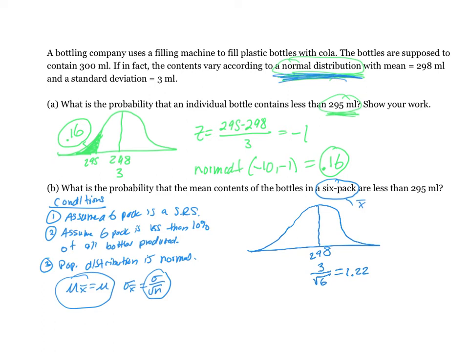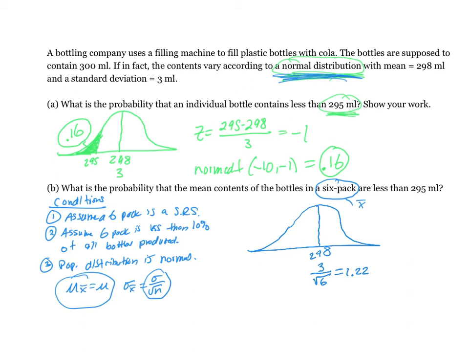Okay, so this blue graph that I have drawn on the bottom represents the meta experiment of drawing infinitely many 6-packs randomly from a population of bottles, and this is what that sampling distribution would look like. So this is a graph of all of the mean amounts of cola in these 6-packs, and think about drawing thousands of samples. The mean of this graph would be 298, and the standard deviation of this graph of the means of 6-packs would be 1.22 milliliters.